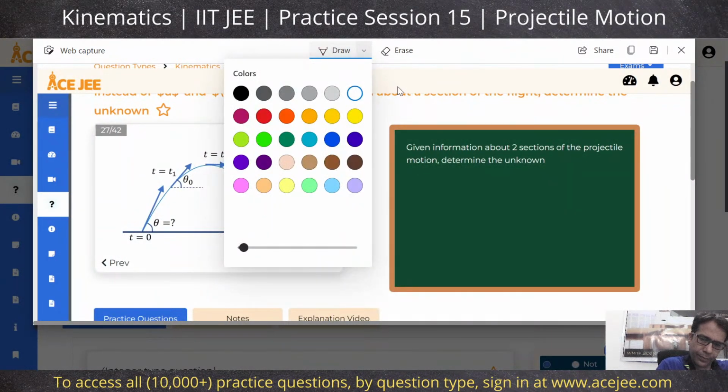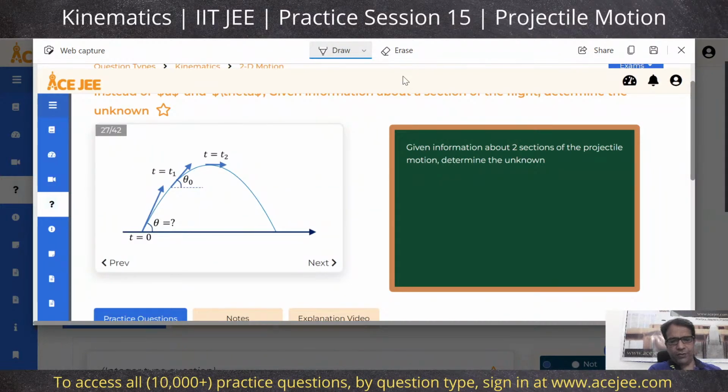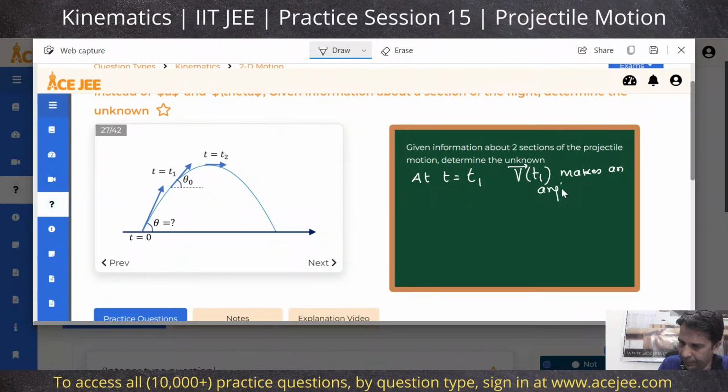Sir, what do we have to find in this? Range, beta. What you are given is at time t equals t1, the velocity at that time makes an angle theta 0.